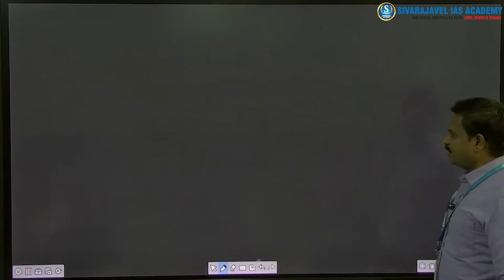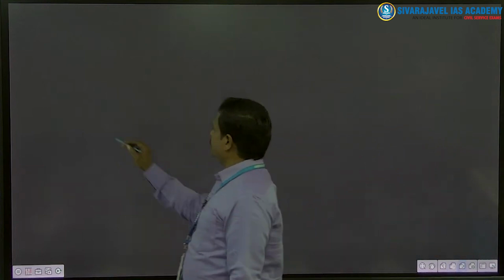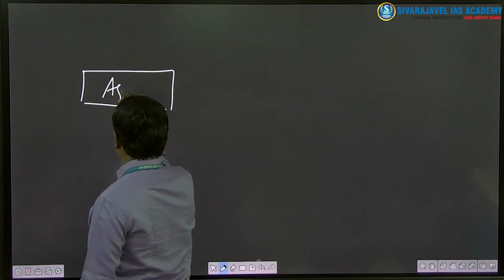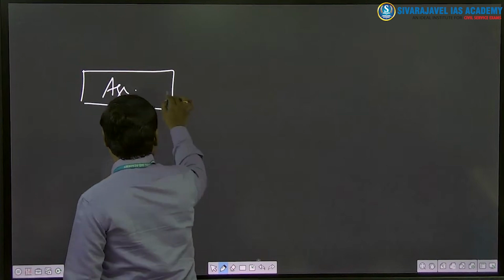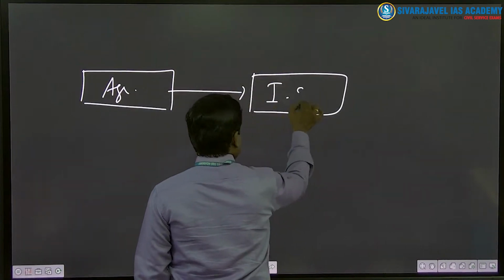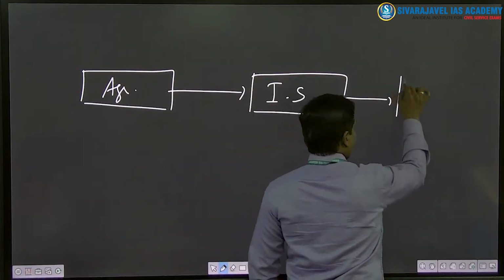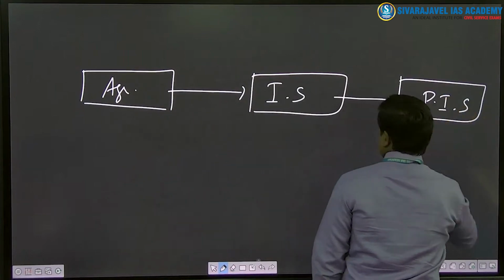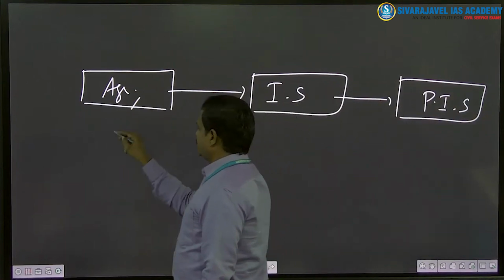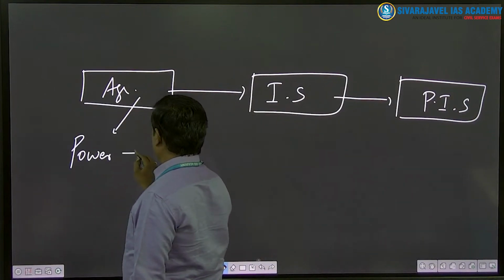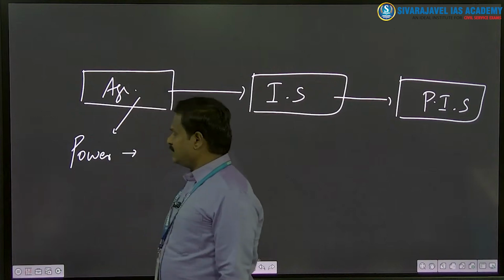So when you look at the past, this is agrarian society, and this is industrial society, and this is post-industrial society. In agrarian society, what is the source of power?